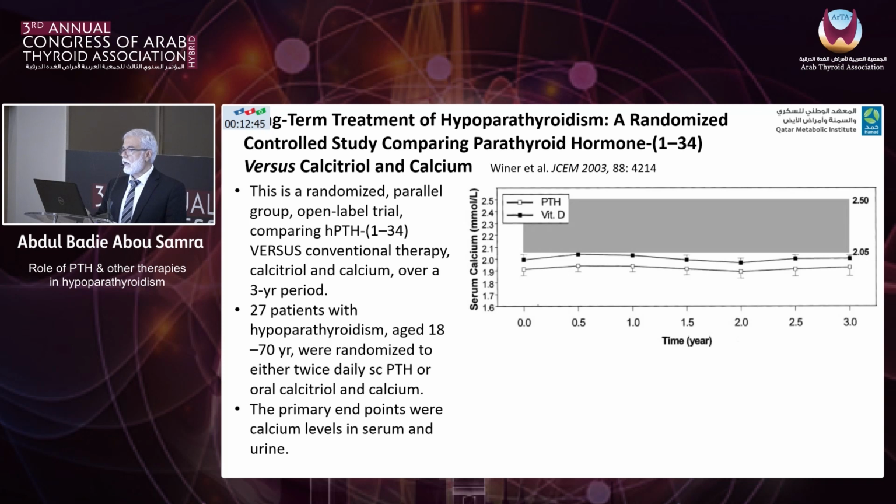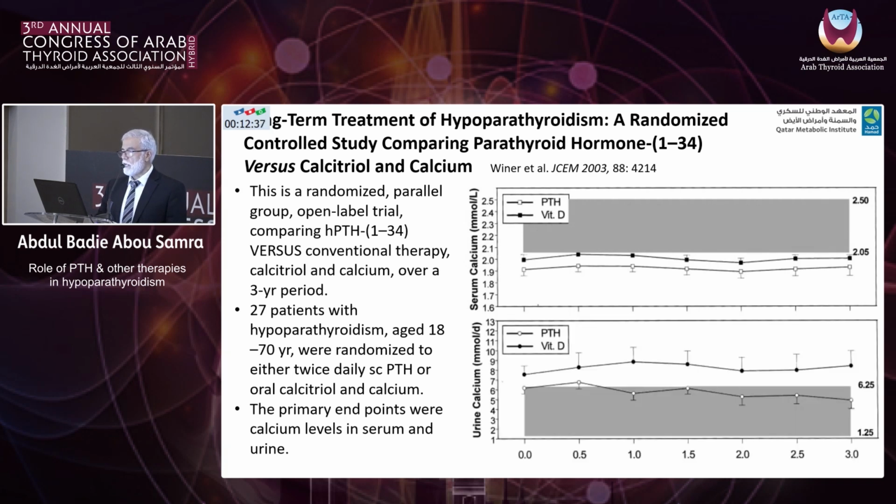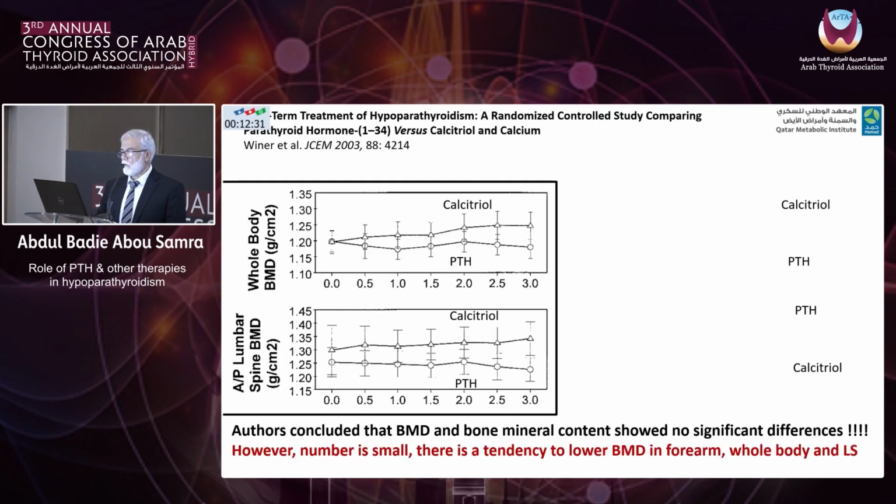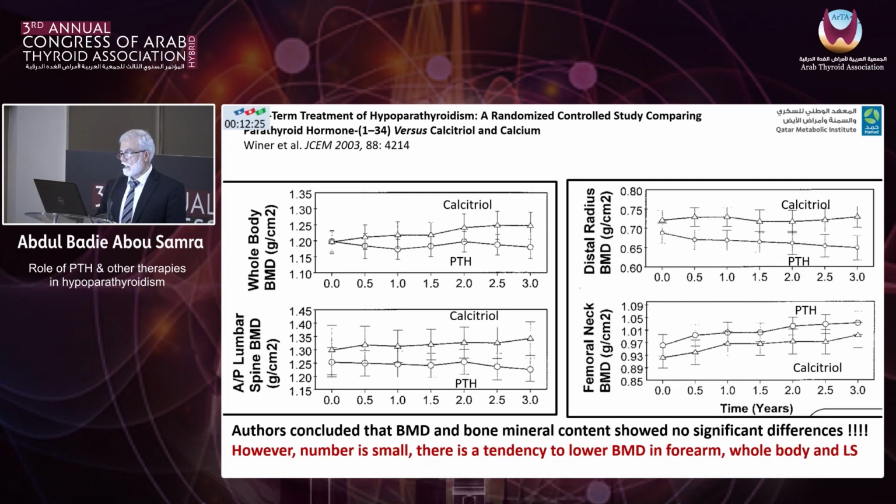Essentially, in this trial, which went up to 3 years, what you see here is the effect of PTH on serum calcium compared to vitamin D, and the effect on urine calcium. If you look at bone density, the investigator concluded PTH did a good job on calcium and phosphorus, maintained it for a long time with less fluctuation, and that there is no difference in bone density between treated and untreated.